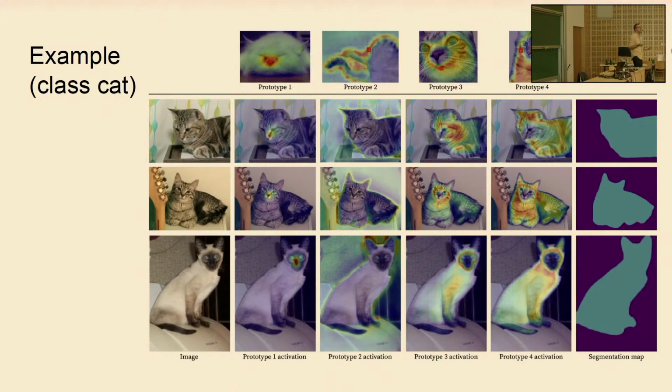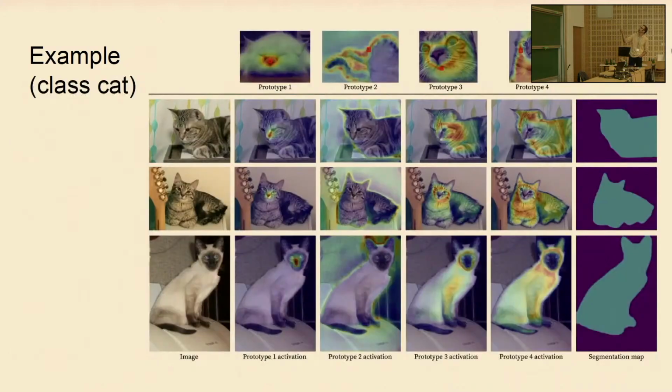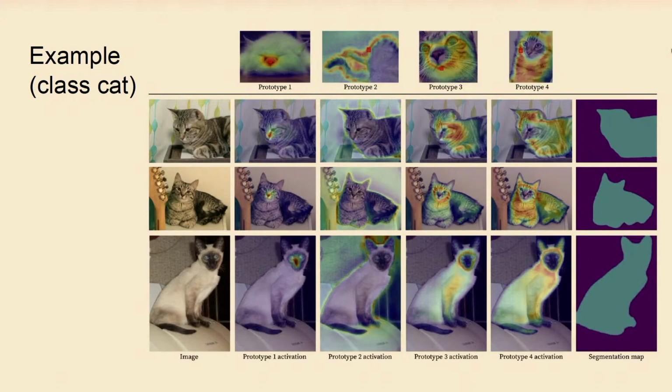For example, for humans, right? So here you can see class person and, sorry, I think the cat is better here. So you have three examples of cat images, right?